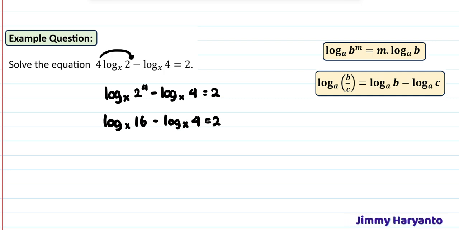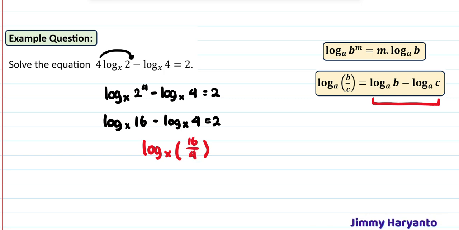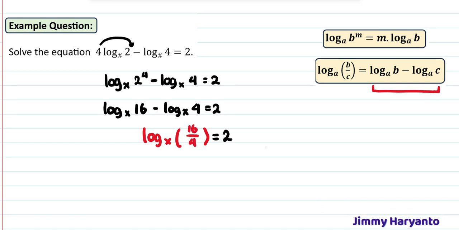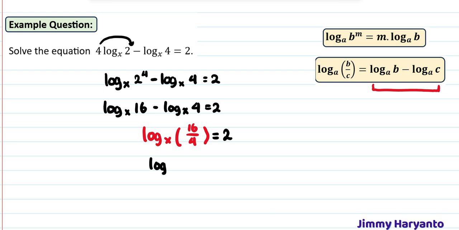And then you will use this law, the division law. You will use the log A B minus log A C, it will become log A of open brackets B over C, 16 over 4, equals 2. And then after this, we'll have log x of 4 equals 2.